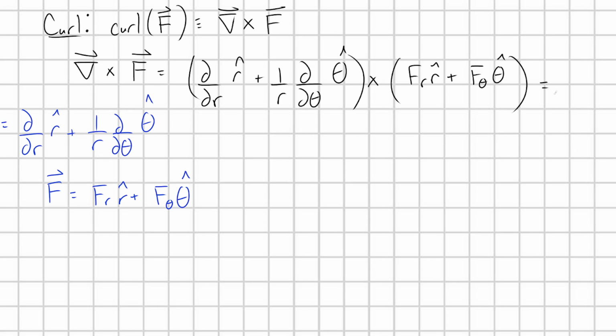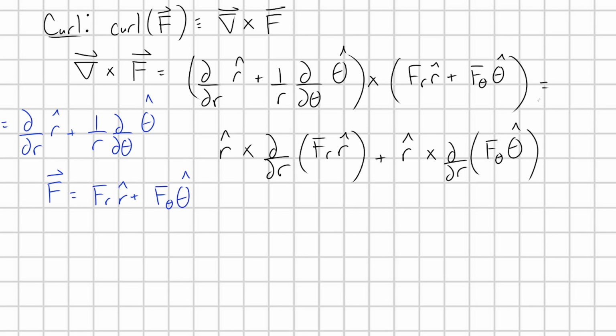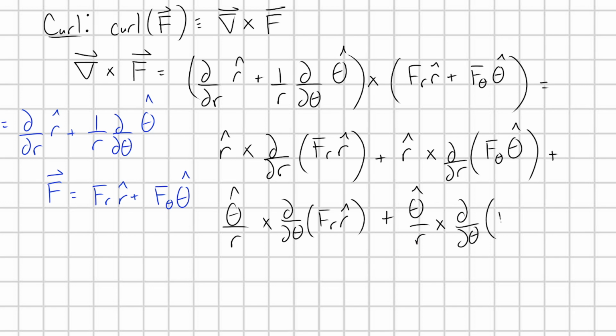We can write this out as: r hat cross d/dr of f_r r hat, plus r hat cross d/dr of f_theta in the theta hat direction, plus theta hat over r cross d/d theta of f_r r hat, plus theta hat over r cross d/d theta of f_theta in the theta hat direction.